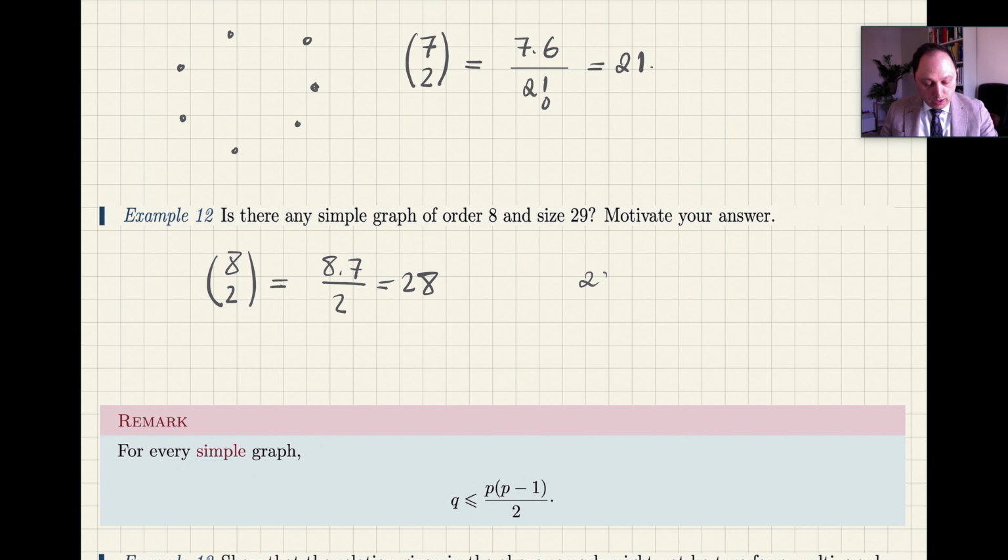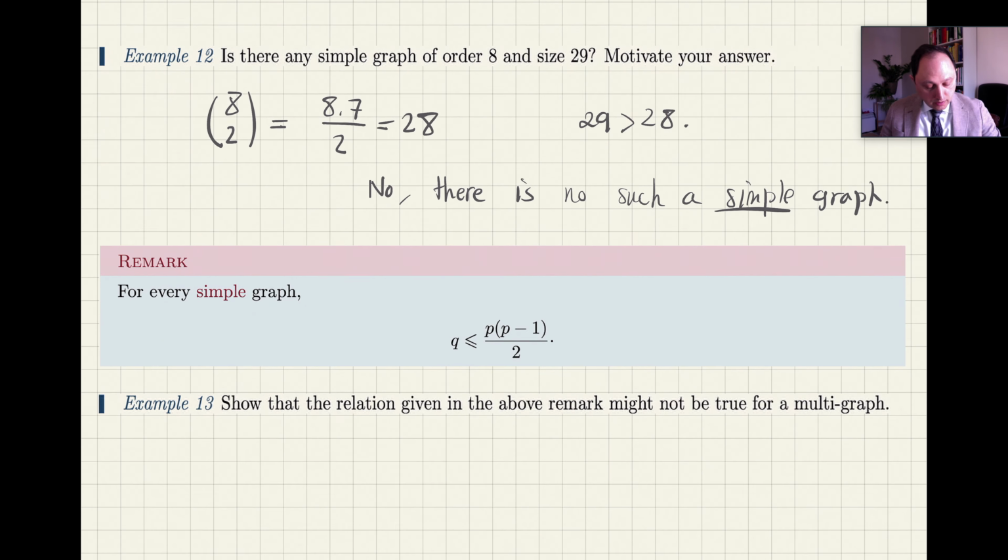But 29 is greater than 28, so it is not possible. So I would say no, there is no such graph. A simple graph.